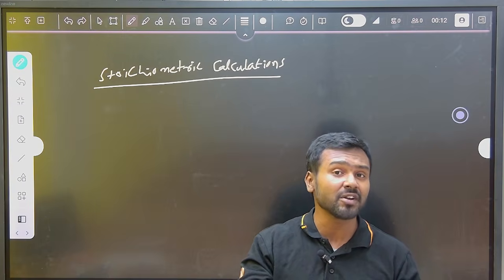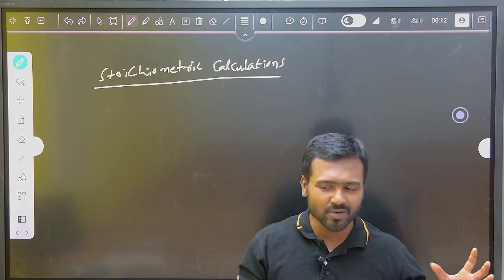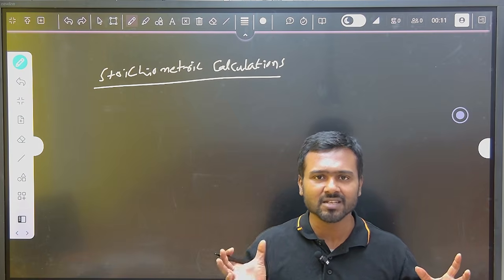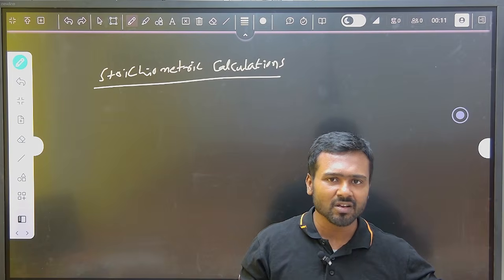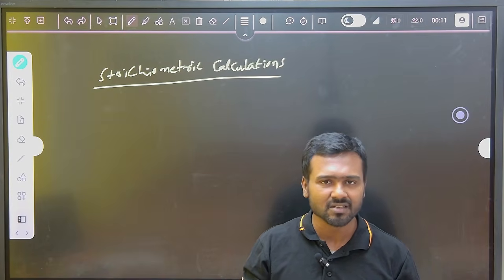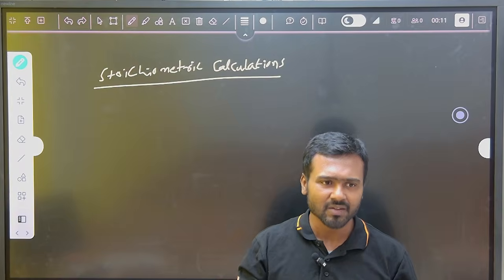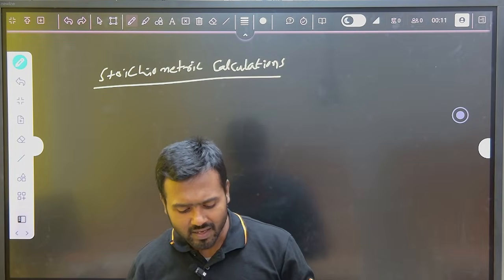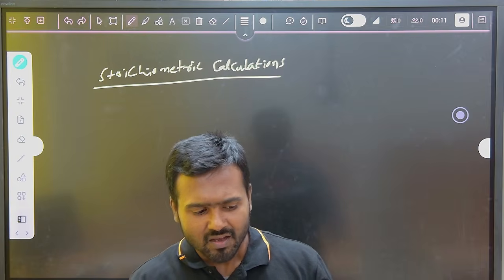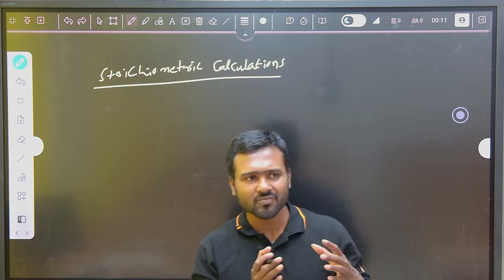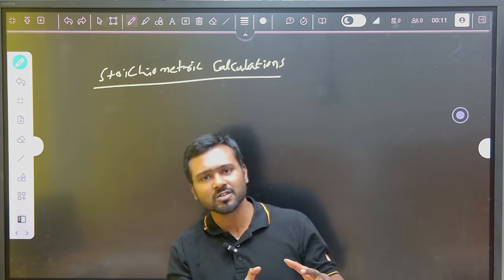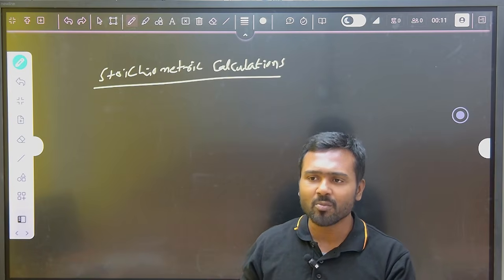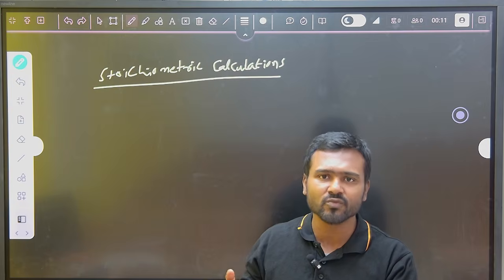Even the energy is also interrelated. For these many moles, how much energy is released? If I take these many moles, how much amount of energy is released? That is also interrelated here. So in stoichiometric calculations, we will see how much volume of substance, how much weight of substance, how many moles of substance you took, so accordingly how many moles, how much volume or how many grams of the product is formed.